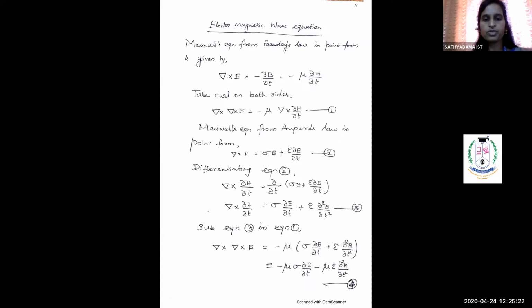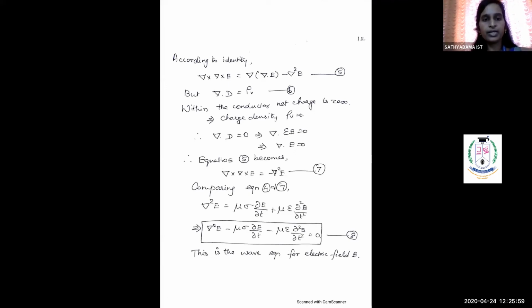So equation 1 becomes del cross E is equal to minus mu into sigma into dou E by dou T plus epsilon into dou square E by dou T square. Now we can multiply minus mu inside. So the equation becomes minus mu sigma into dou E by dou T minus mu epsilon into dou square E by dou T square. This is going to be our fourth equation.